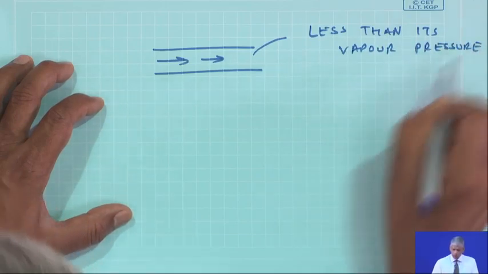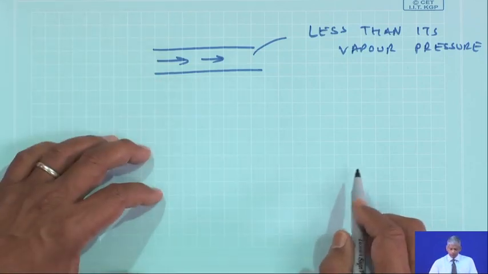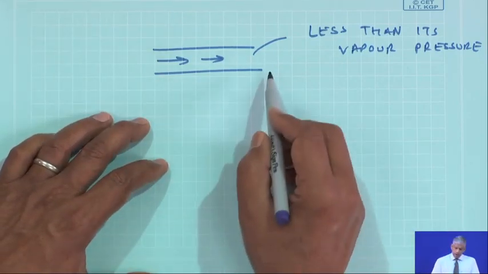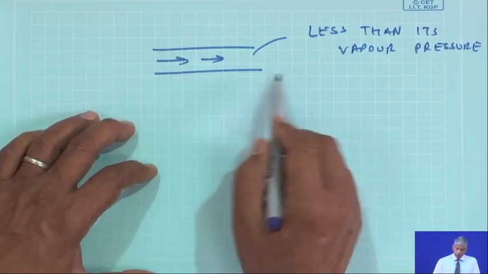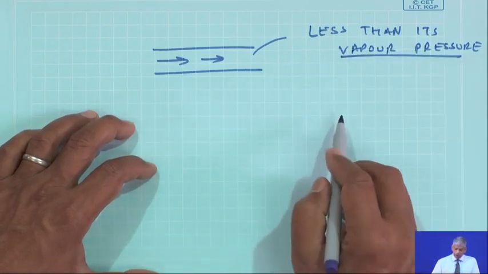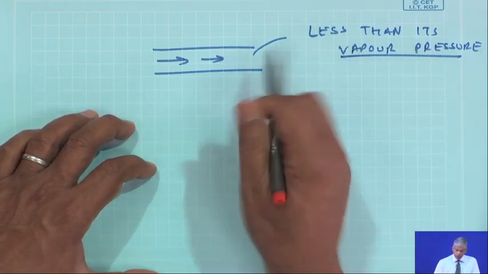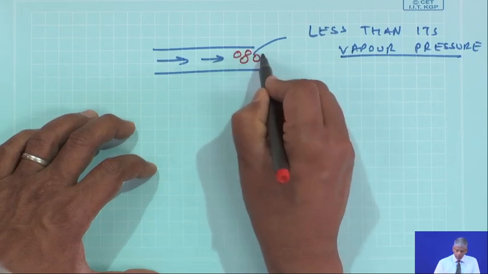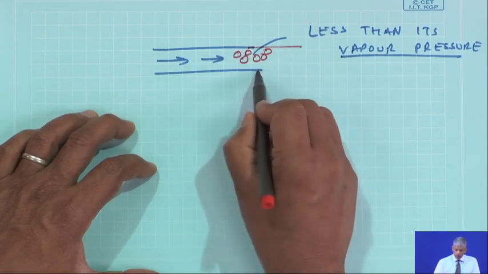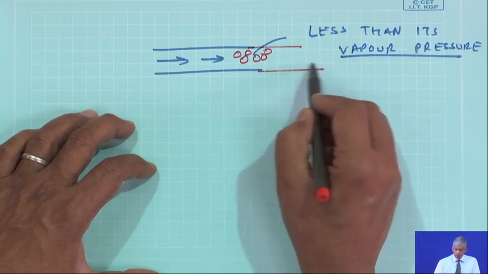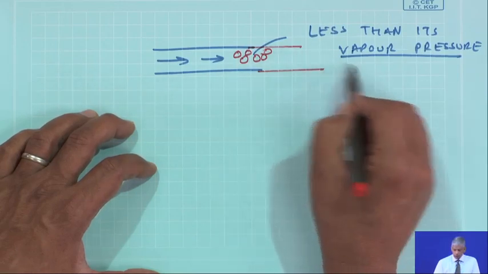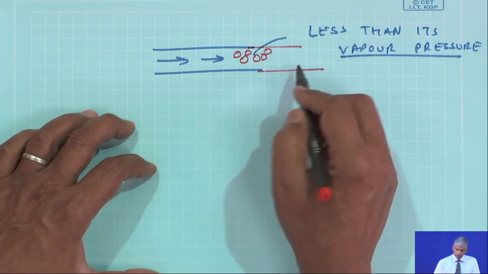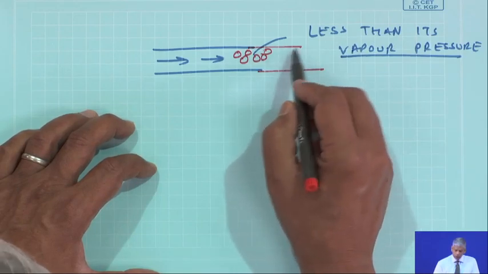Okay. So, if you increase the flow rate, and or if you change the pressure upstream and downstream, you will reach its vapor pressure. So, once that happens, there will be a lot of bubbles suddenly forming.